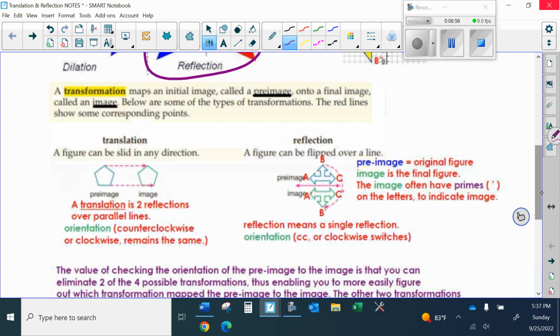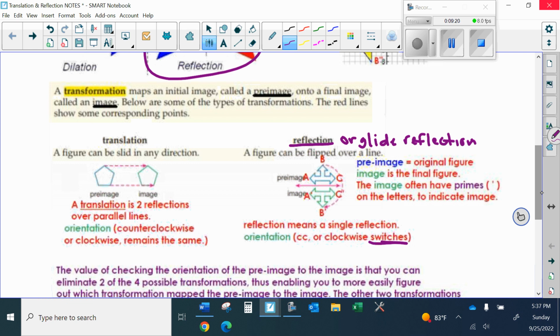Versus when I have an odd number of reflections, which is that single reflection or the glide reflection, which is three of them, remember, so one or three are odd numbers, that will switch orientation. That's why I have the word switches right there. CC for counterclockwise, just so you know, for shortening, or clockwise. But it switches on an odd number of them.